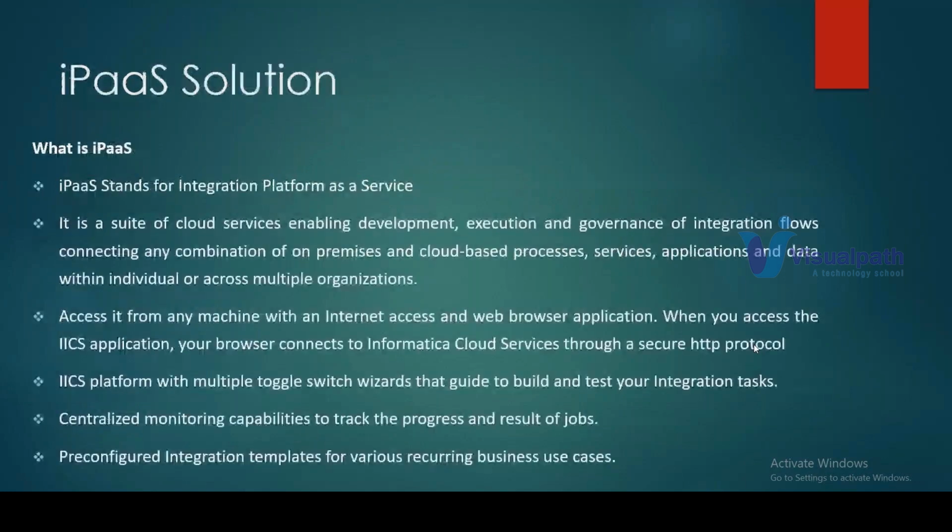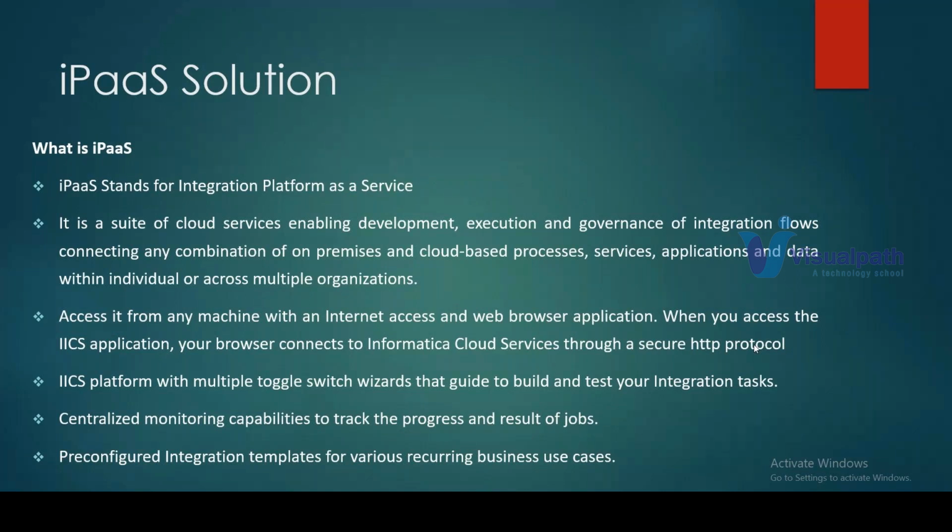The most important thing we need to understand is what is iPaaS. iPaaS stands for Integration Platform as a Service. It is a bundle of services that helps you with development, execution, and governance of your integration flows.